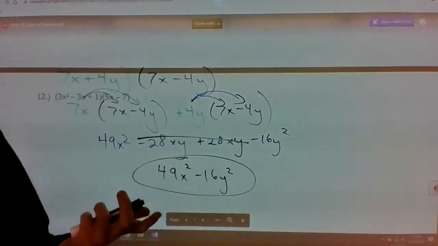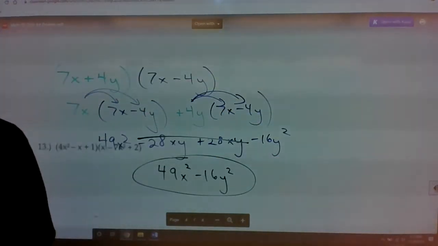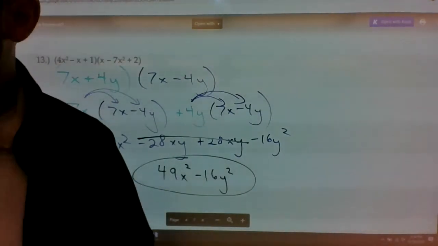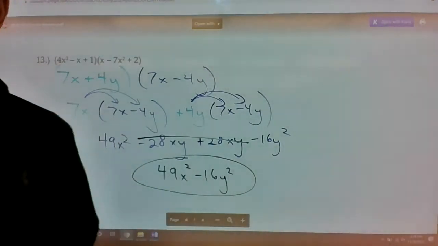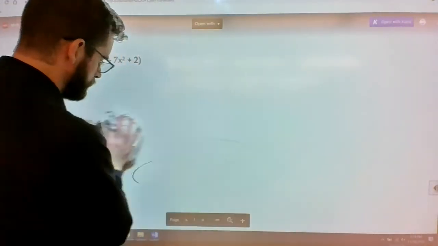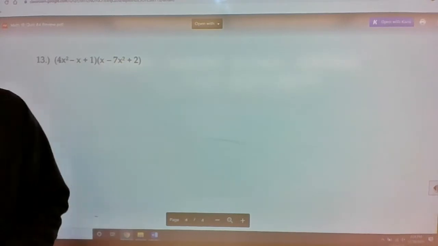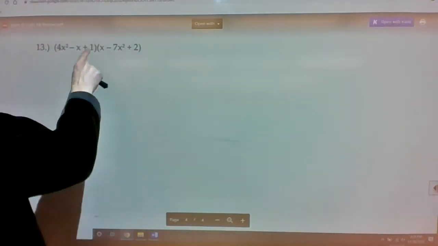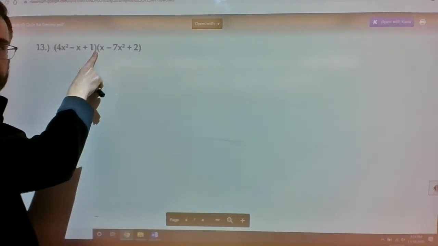All right, I believe this is the last odd problem on the assignment. So if you've made it this far, just stick with me one problem further. As you can see, there's no plus or minus in between the parentheses.